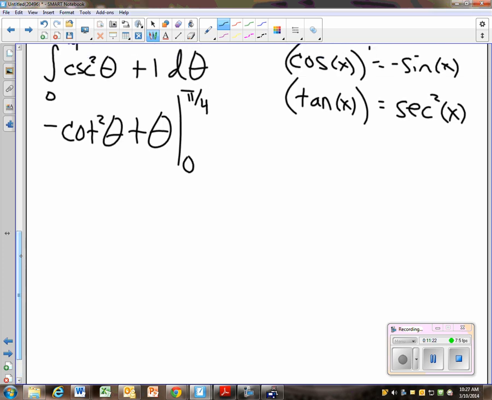Do you know what the cotangent of pi over 4 is? It's 1. So it's going to end up being negative 1 plus pi over 4 minus, what's the cotangent of 0?